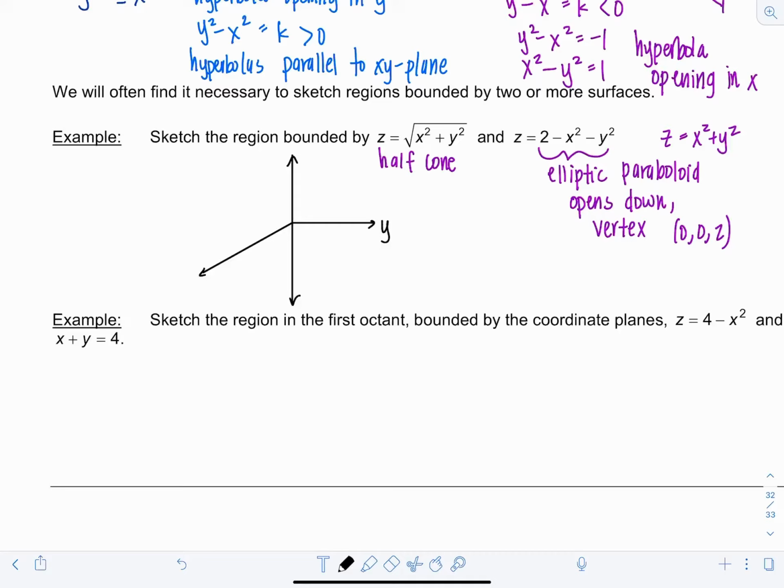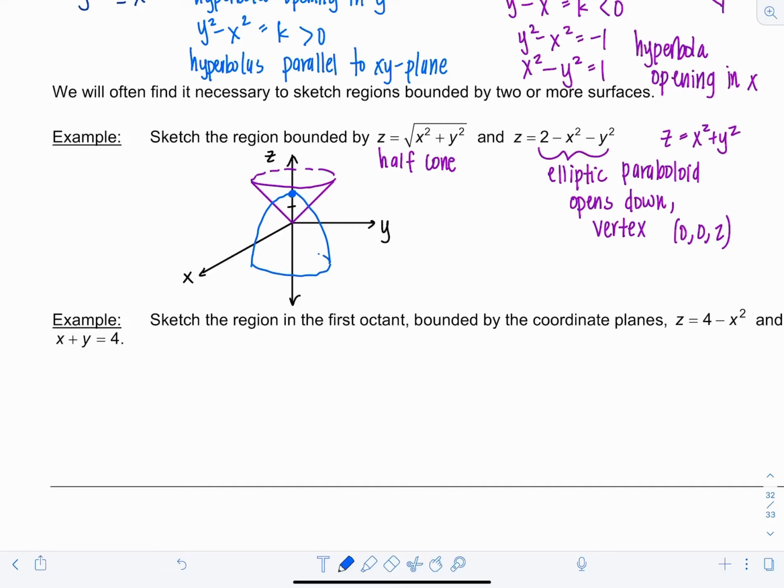Okay? So here's y-axis, z-axis, x-axis. So we've got the half cone. Most of the time, this is going to be good enough of a cone. You don't have to go through all the traces. And then we've got the elliptic paraboloid, whose vertex is up there, and it's opening downward.